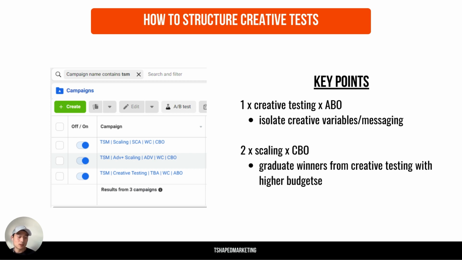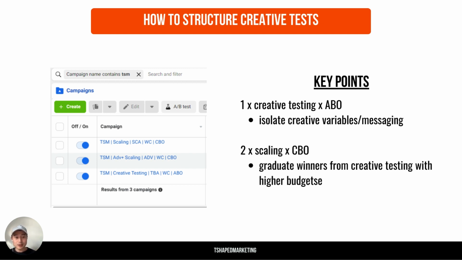Again, there are people that might do dynamic creative testing at the creative testing level. But again, it's fundamentals over tactics. If you have a creative that resonates with the buyer or potential buyer, it will work. It's not a matter of how you structure a campaign.